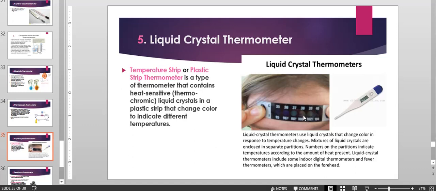For example, with brown at 38 degrees Celsius and with red at 39 or 40 degrees Celsius. This is how this liquid crystal thermometer works, by showing different glowing colors at different temperatures.